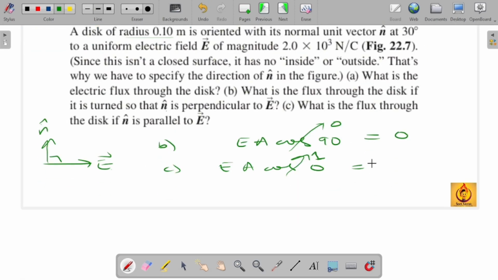So we are going to just multiply 2 by 10 to the 3 by our area, pi radius squared. What's the value? 62.83. 62.83 Newton meter squared per Coulomb.